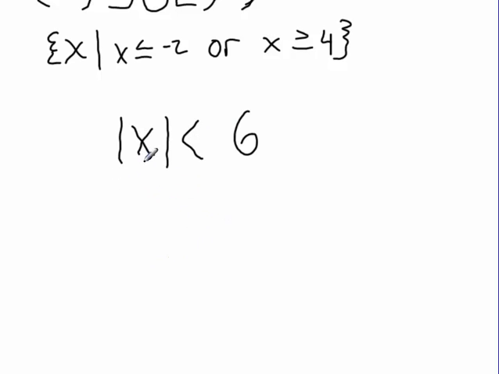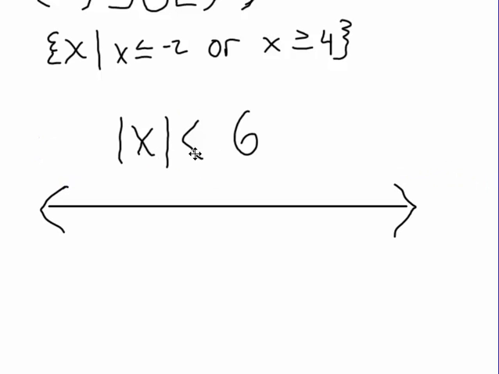The absolute value, again, is the distance away from 0, so my distance away from 0 on a number line is less than 6. Well, here's 0, and let's go 1, 2, 3, 4, 5, 6. Here's -6, and I have 1, 2, 3, 4, 5, 6. Here's +6. Distance away from 0 is less than 6.